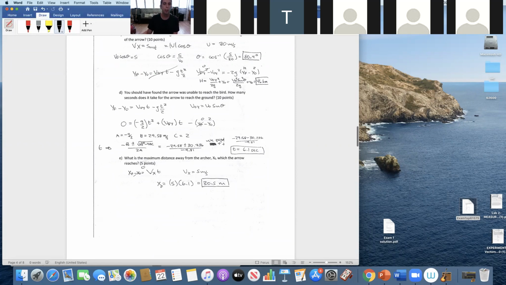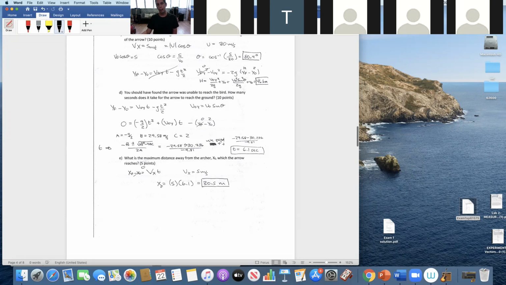So you end up with this equation, move the Y final minus Y initial over, and you get that A is the term on the squared, B is the term on the single power, and C is the constant term. Plug those into your quadratic. Remember that it will give you 2 different times. Choose the positive time, not the negative time, okay?